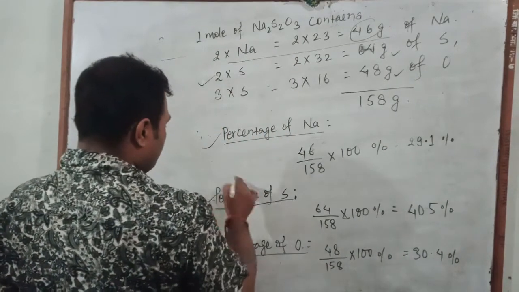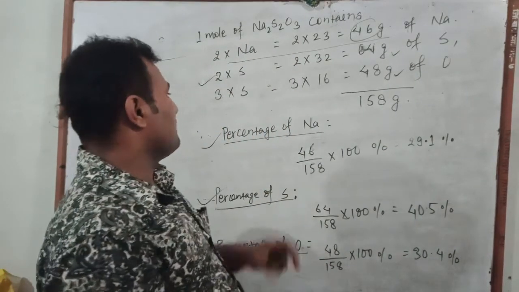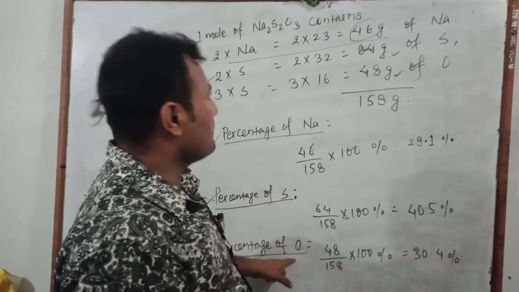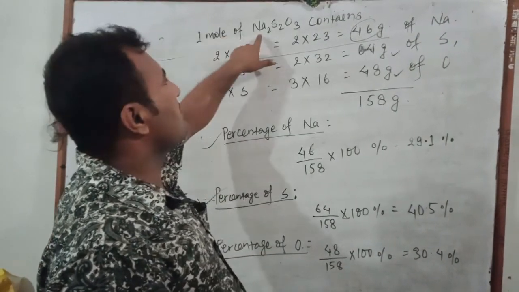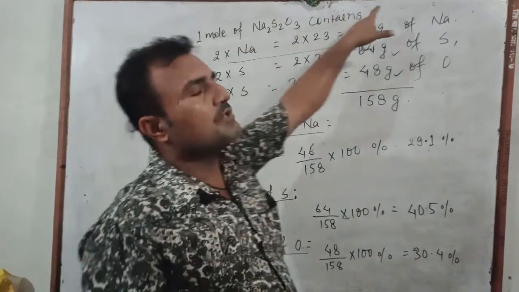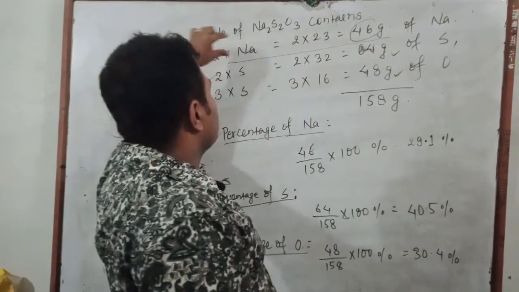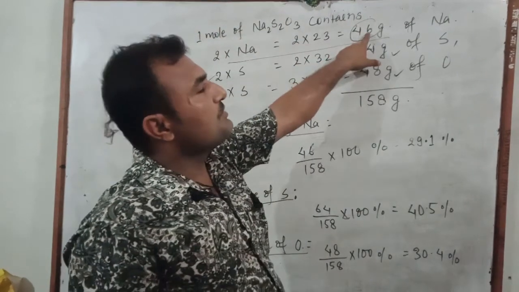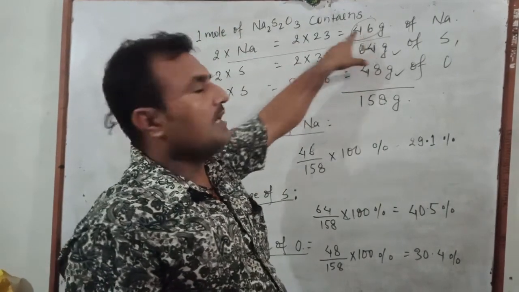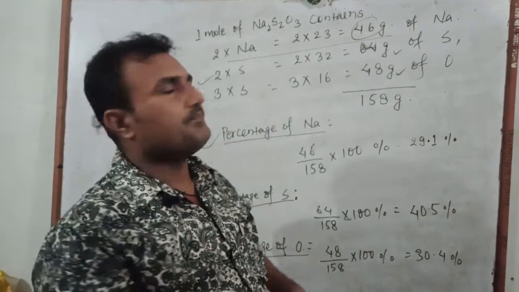In this way we can calculate the percentage of sodium, sulfur and oxygen. In any compound, when we try to find the percentage composition, first we calculate the molecular weight, then find which elements are present in one molecule in which mass, and then their percentage.